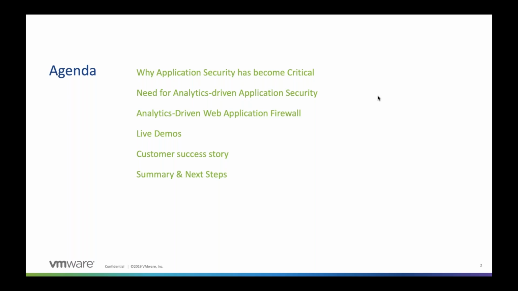Then we will look at the analytics-driven web application firewall that we here at Avi Networks, now part of VMware, have built, and we'll also jump into live demos of the solution. Then I want to share a customer success story with you and summarize what we've learned today in a couple of final slides. We'll probably have some time for questions in the end, so keep them coming, write them in the chat so we can talk about them at the end.